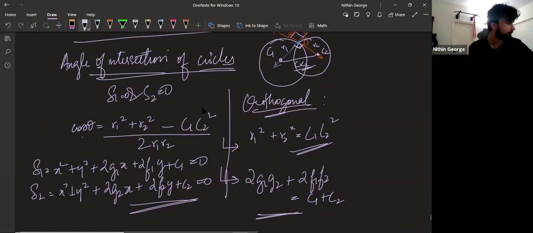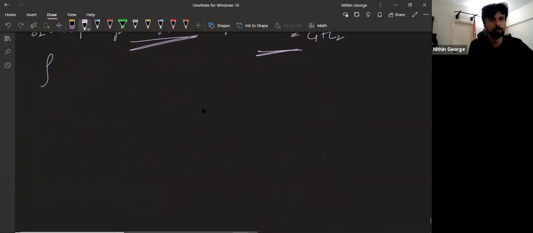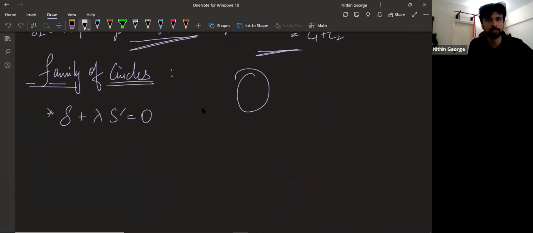Now, we look at something else called family of circles. The first one is S plus lambda S dash equal to 0. So suppose two circles are given, S and S dash.